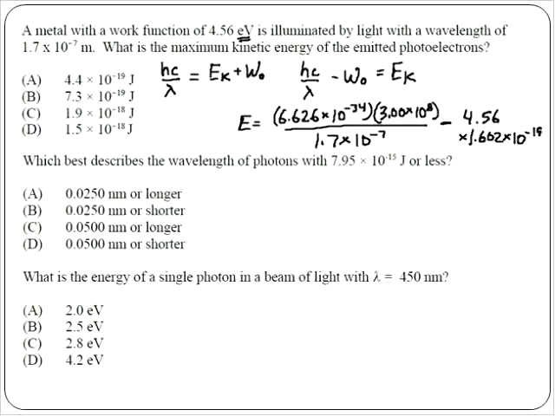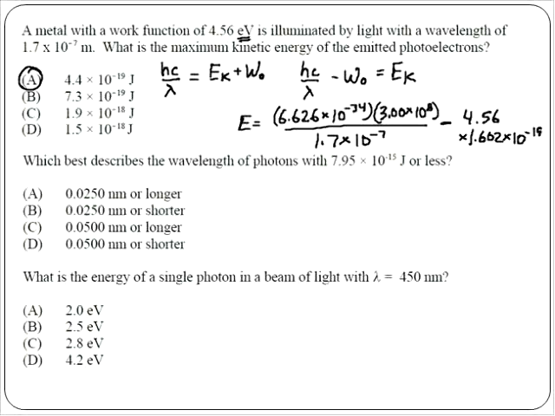And again, that conversion is on the formula sheet. 1 electron volt equals that many joules. So when we plug all that together and do the calculation, we get this answer right here. By the way, one of the other answers there is what you would get if you forgot to convert your units. Okay, so do be careful with that.